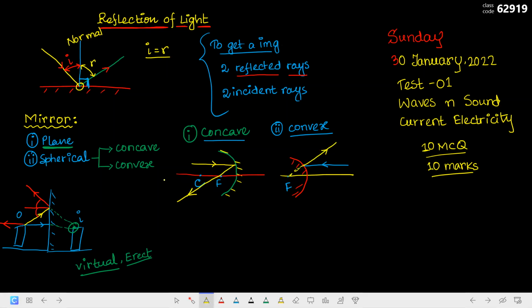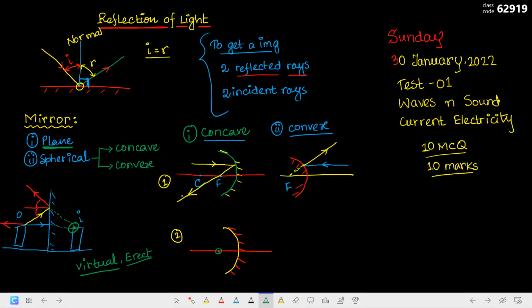Let me talk about the second rule. Okay, I will write it as number 1. Then the second one is just the opposite of this one. Opposite of this one. How? So now this is the opposite one, meaning previously our light ray came parallel to the principal axis and went through the principal focus.